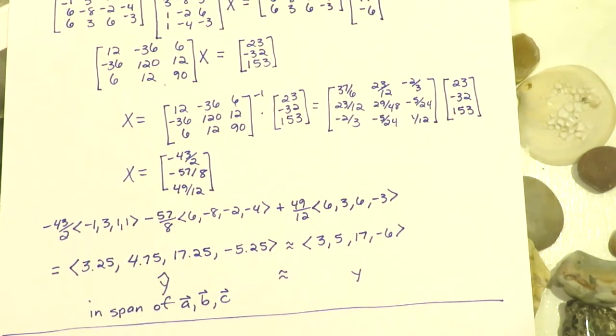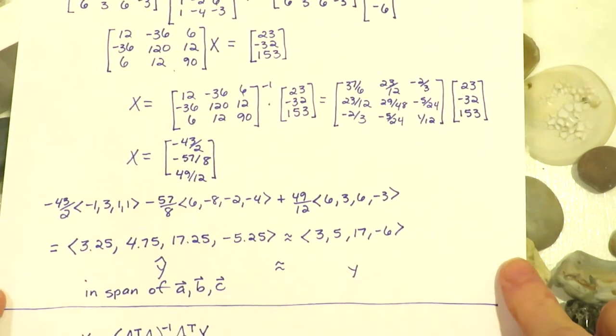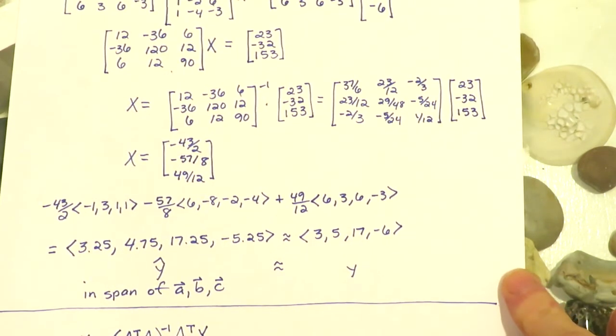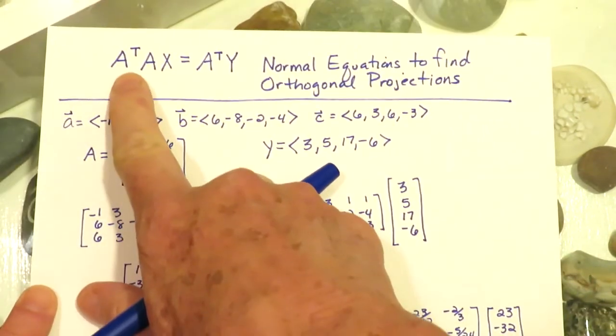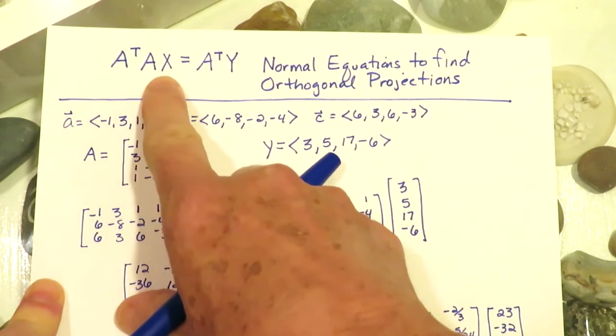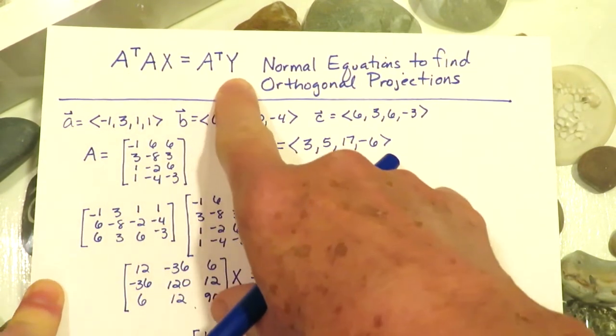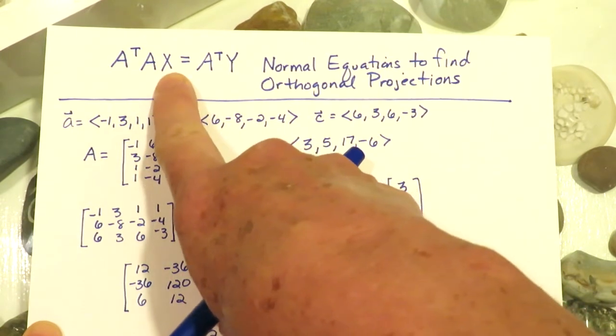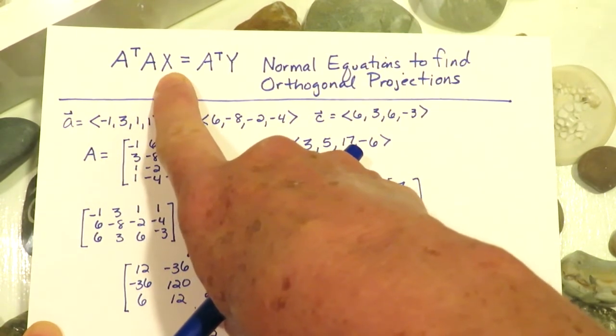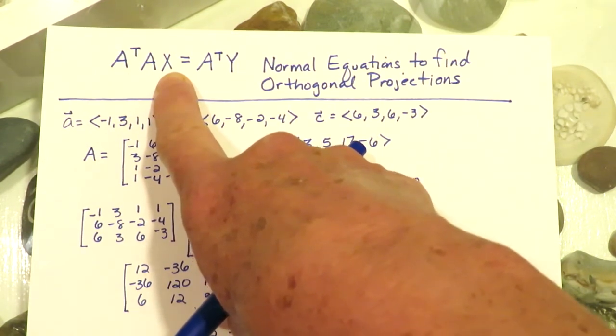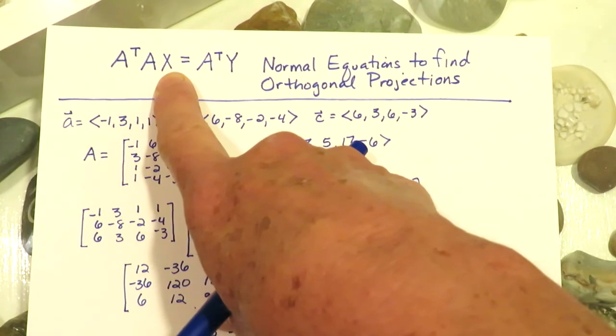And you can actually put all of this information conveniently in your calculator. You have to be a little bit careful typing everything in. But if you take your original normal equations, A transpose times A times X equals A transpose times Y. You initially solve for X, and then you use those values as scalars of a linear combination to actually get your approximating vector.